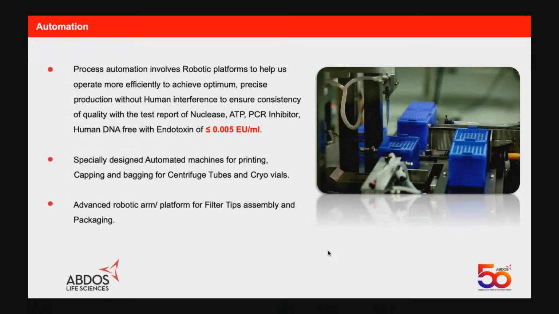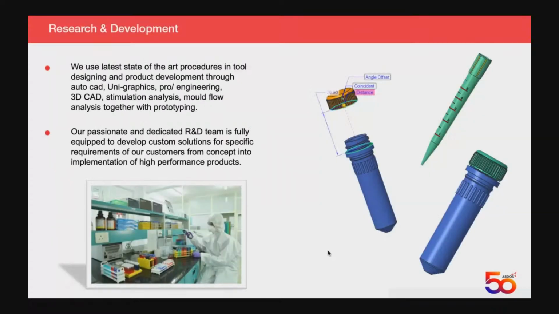The automation and robotic platforms of Abdos ensure there is no human interference, and we can ensure this consistency by providing an endotoxin level below 0.005 EU per ml. So we ensure there is no human interference, thereby reducing the carbon footprint itself. We have our in-house R&D team, which provides custom solutions for specific requirements of our customers or end users.